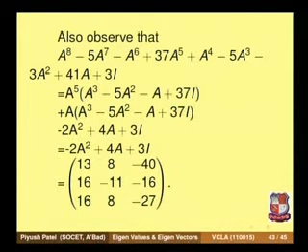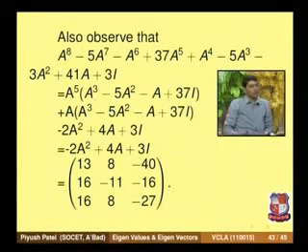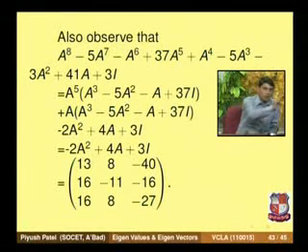Similarly you can adjust the other terms. By taking A common, we have A cubed minus 5A squared minus A plus 37I, and for the adjustment the remaining terms which were required for plus and minus, we kept here minus 2A squared plus 4A plus 3I. These two values in the brackets are 0.